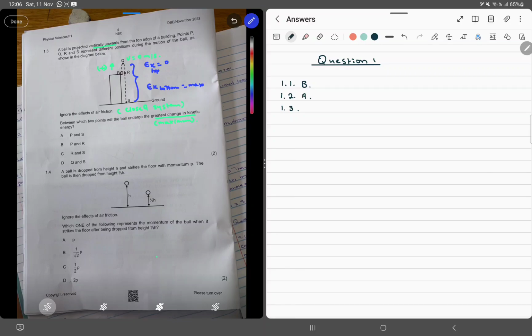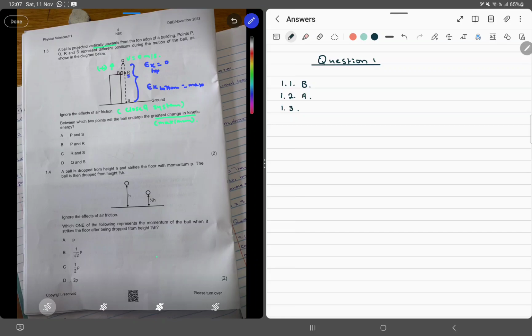That's what we mean. Because the greatest change means it's the difference between the final kinetic energy minus the initial, okay? If you look at this one, we will have still maximum kinetic energy between, say, S and R. But you can see there's a value for R there.